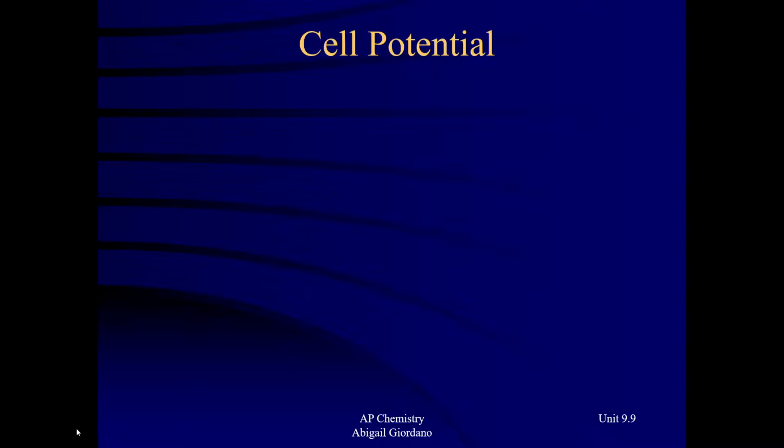All right, so let's think back to our last subunit where we learned all of the different parts and pieces of what's called a galvanic cell, fancy name for just a battery.